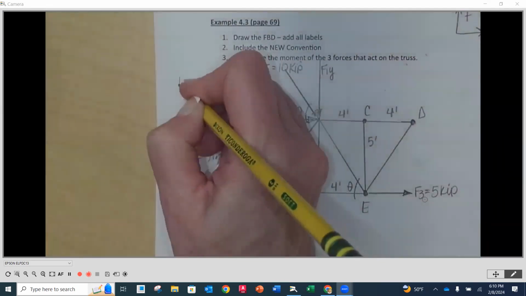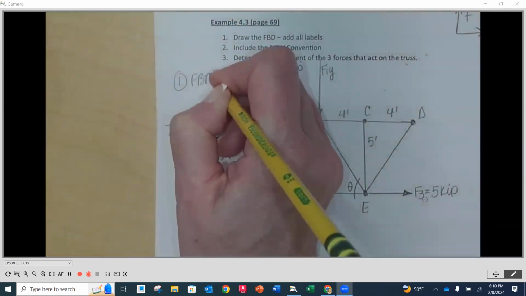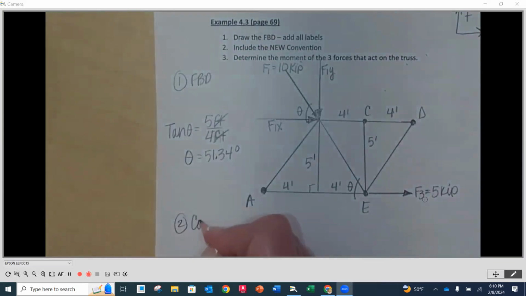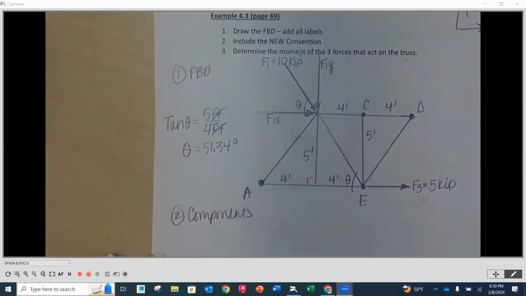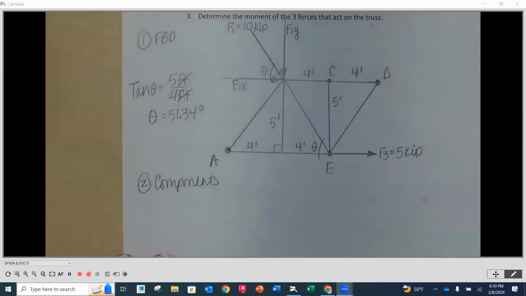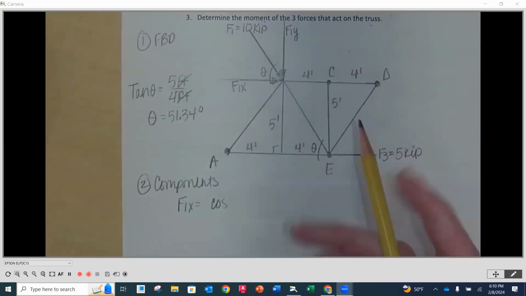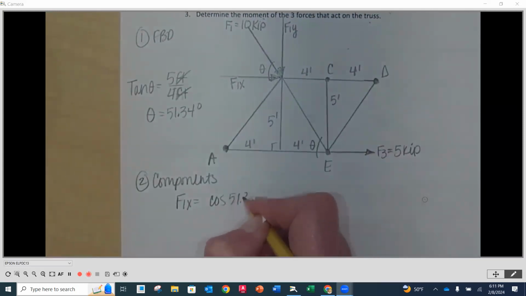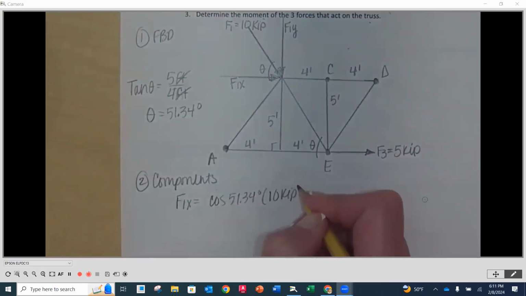So step number 1 was our free body diagram. Step number 2 is going to be our components. And there's only the two components that we have to solve for. Our angle's in its standard location. So we can say F1x is going to be equal to the cosine of 51.34 times 10 kips.